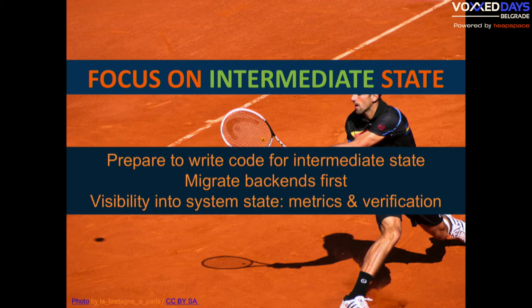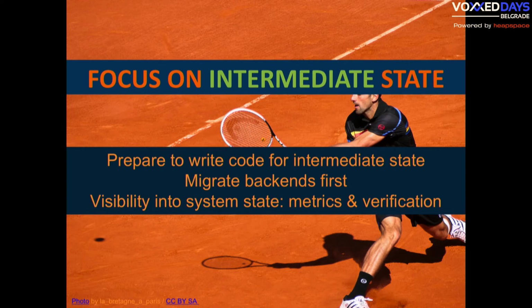So for the intermediate state, the three main takeaways are: make sure that you are prepared to write a lot of intermediate state code, whether it's throwaway code or code that is going to stay around, and plan for the quality of it to be consistent with how long you intend to keep it around. You might have to come back to it if you realize that you have to keep it around for longer, improve it somewhat, and then move past it.